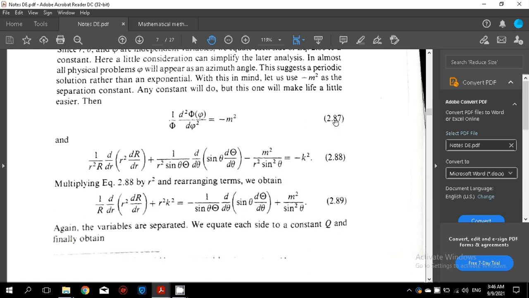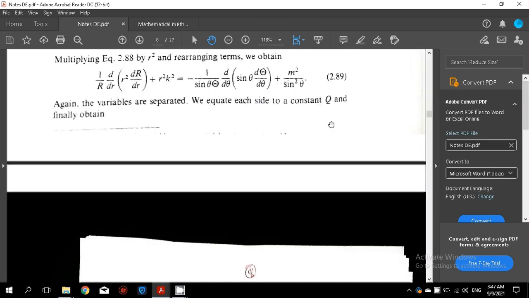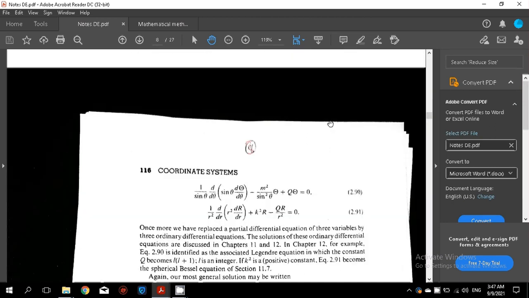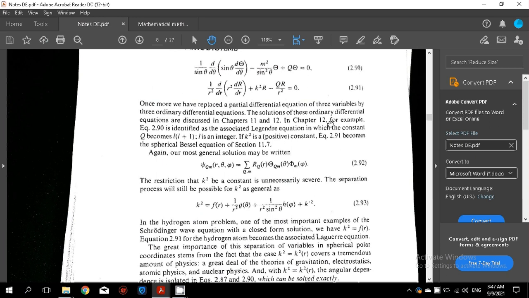So the set of these three equations, 2.87, 2.90 and 2.91, was our target, and we have separated the partial differential equation into a set of three ordinary differential equations.